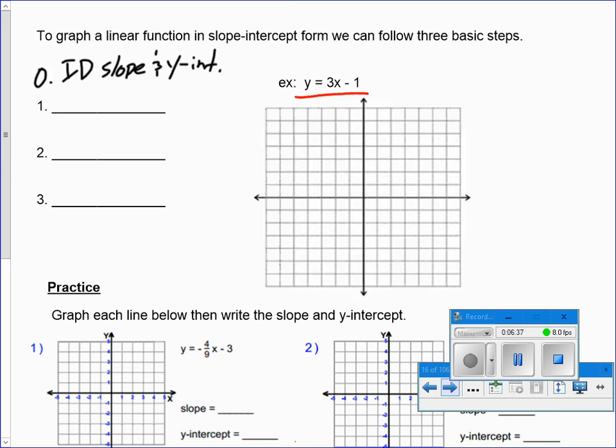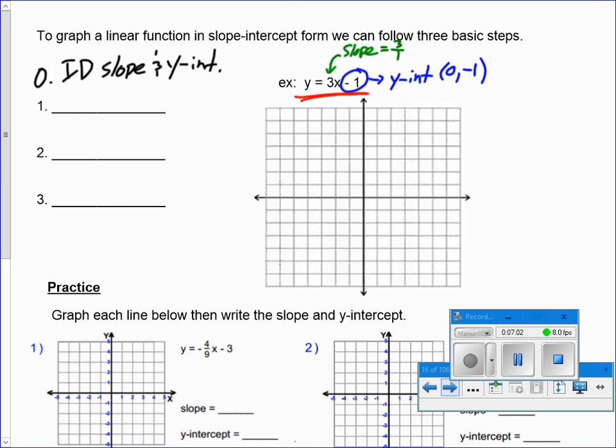Based on this equation right here, the number in front of x, that's going to be my slope. And this number right here is going to be my y-intercept. So identify my slope and y-intercept.